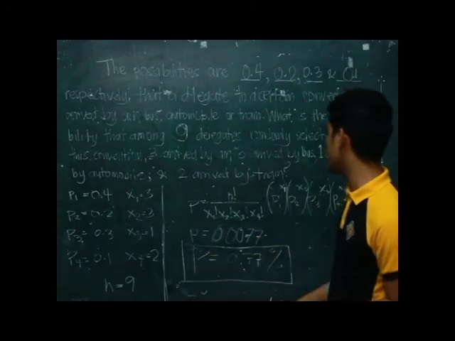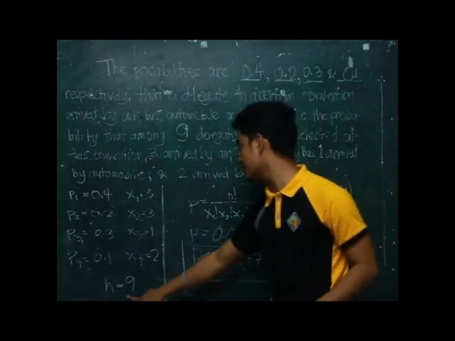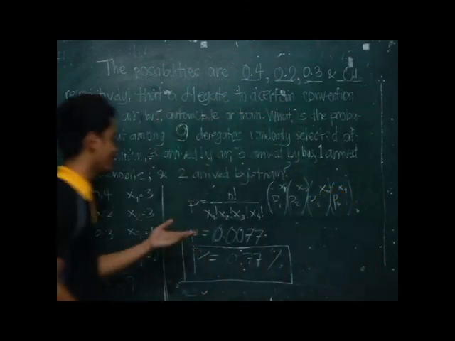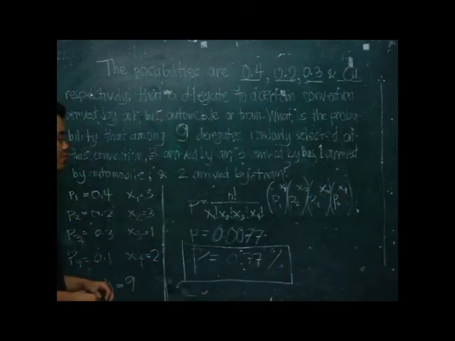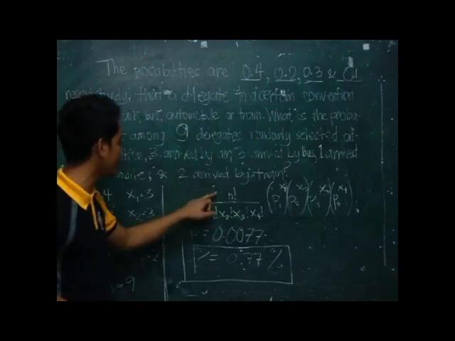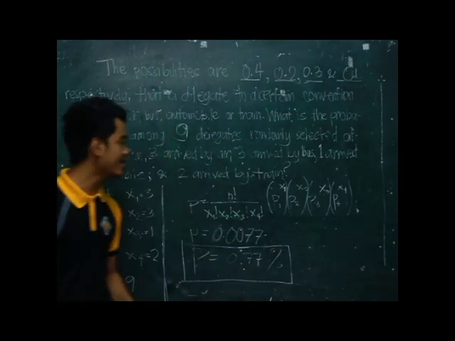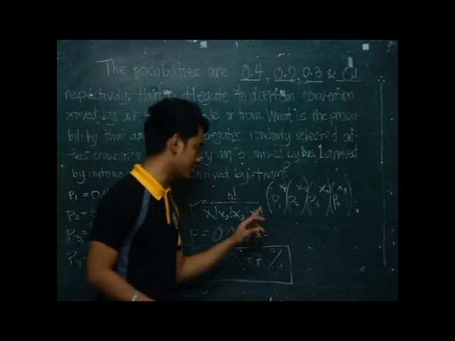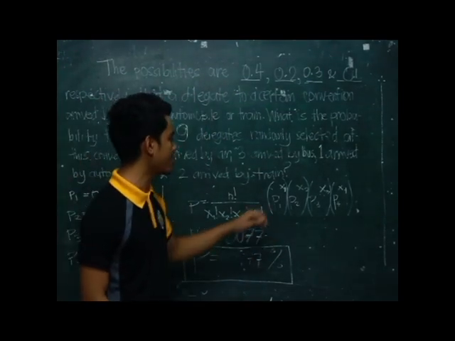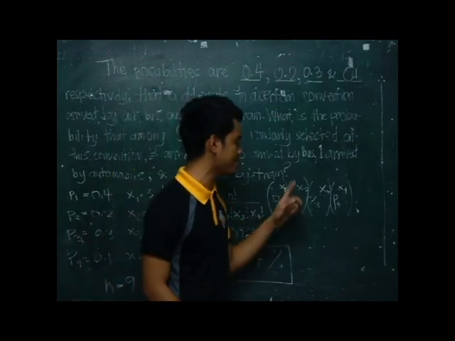And we have the number of delegates, which is equal to 9. So we have here the equation for multinomial distribution, which is P is equal to n factorial over x sub 1 factorial, x sub 2 factorial, up to x sub k factorial, multiplied by P sub 1 raised to x sub 1, P sub 2 raised to x sub 2, and P sub k raised to x sub k.